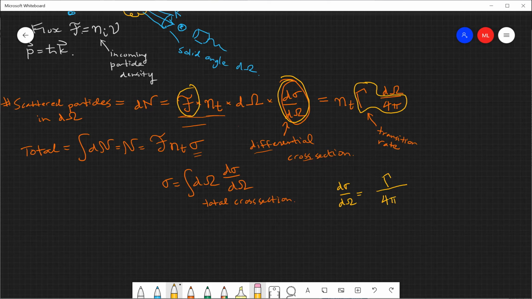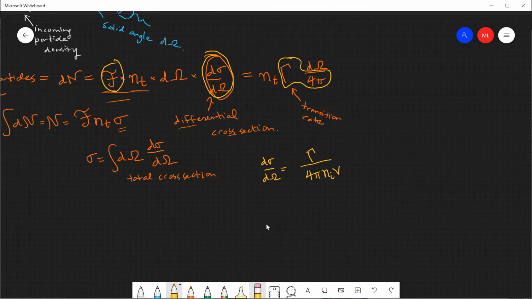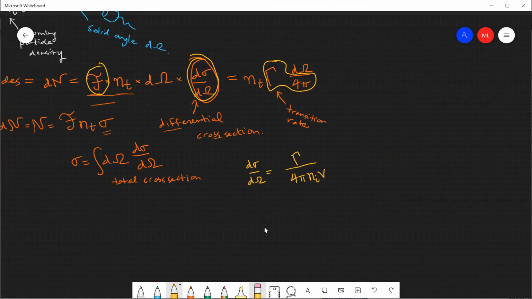which again, we're going to write out in terms of what we said it was, which is the initial particle density times the speed, v, of the particles. And if you want to do more, we can expand a little bit more. First of all, what is the particle density?